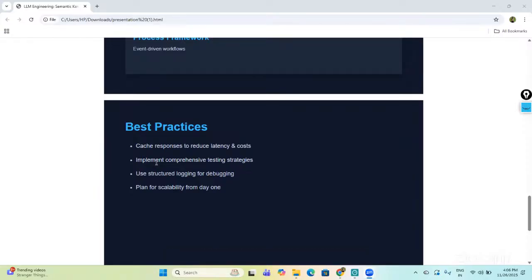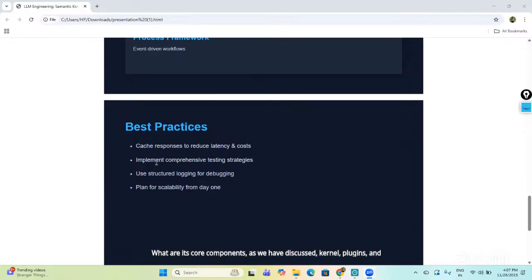As we have seen, Semantic Kernel acts as the bridge between powerful LLM capabilities and real-world production systems. It will empower teams to build AI applications that are maintainable, scalable, and enterprise ready. So this is a brief introduction to Semantic Kernel. We discussed its core components: kernel, plugins, and memory.